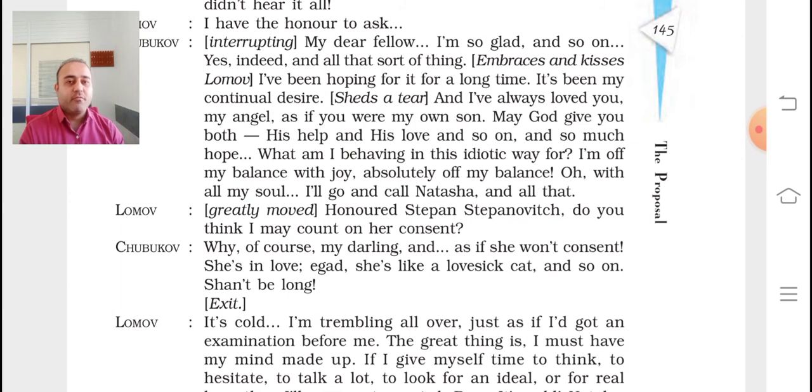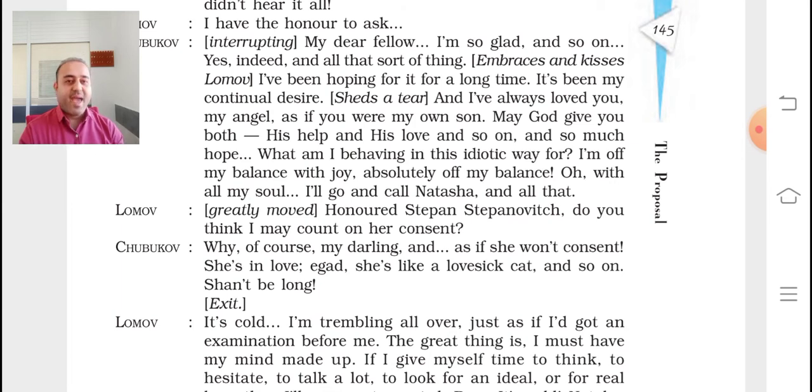Consent means will she agree with the proposal, or will she say yes to my marriage proposal? Shubuko: Why? Of course, my darling, and as if she won't consent. That means he's trying to say that surely she will also agree and she will also say yes to your marriage proposal. Don't worry. She is in love.